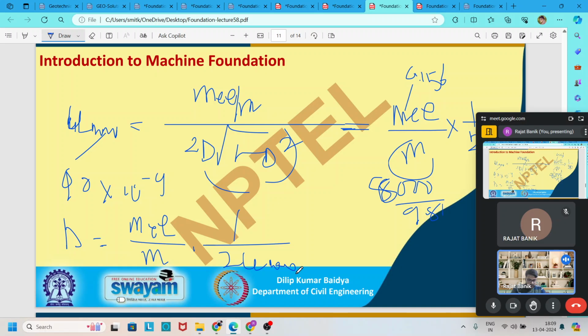So put all this value. ME is given 0.156. ME divided by 8000, divided by 9.81 into 9.81, into 10 to the power 9, divided by 2.